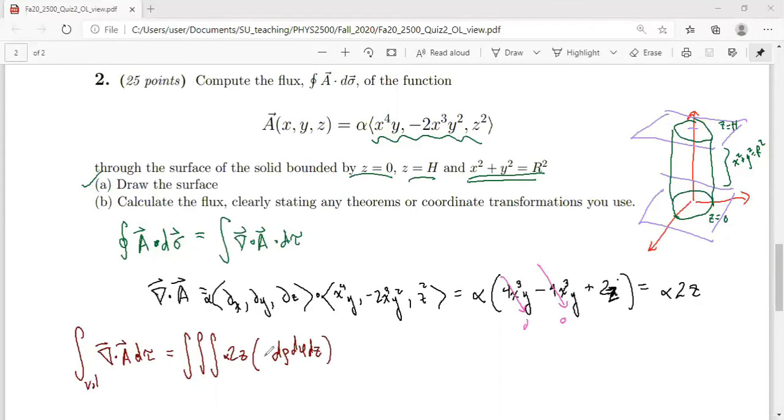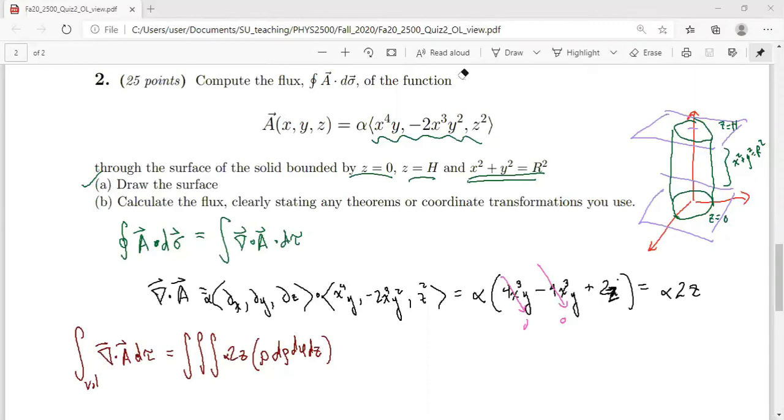Oh, it's psi. Rho d psi, rho d rho d psi dz, right? So this is something with units of length, and then the angle is the one that's funky that we have to deal with by multiplying by rho. So that is a little piece of volume in cylindrical coordinates.